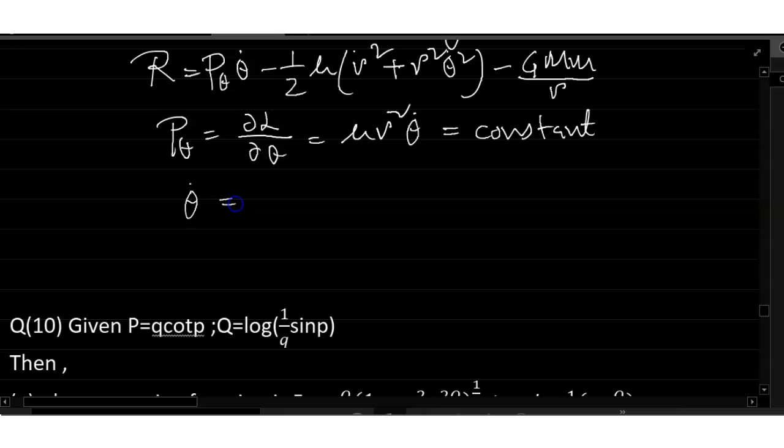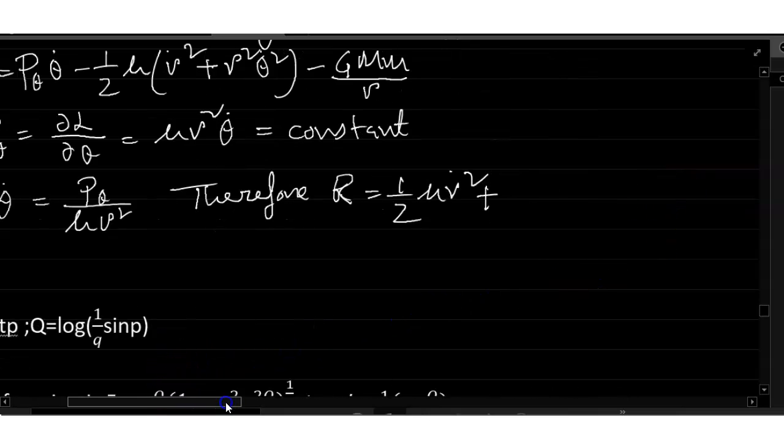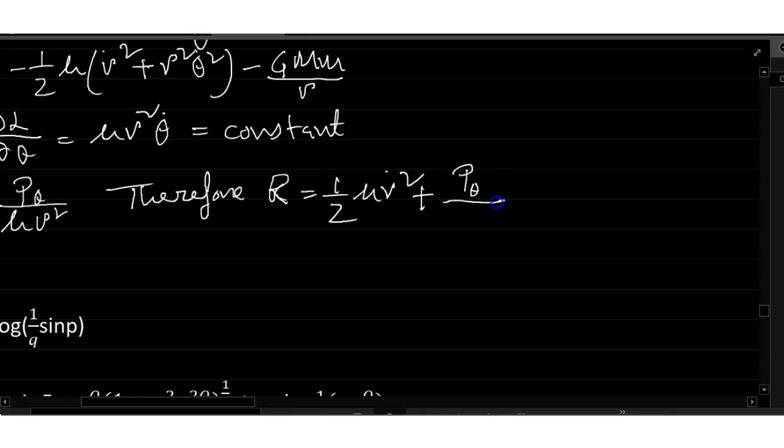θ̇ is equal to p_θ/(μ r²), and therefore capital R, not capital K, is equal to ½ μ ṙ² plus p_θ²/(2 μ r²) minus GMm/r.